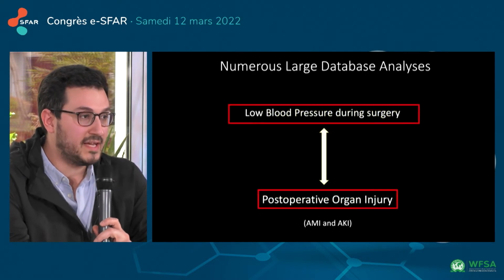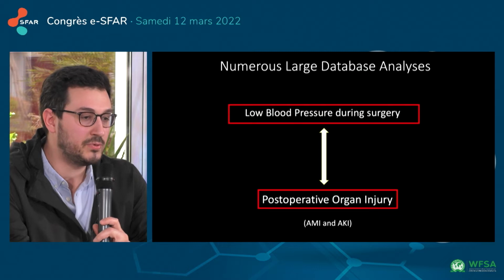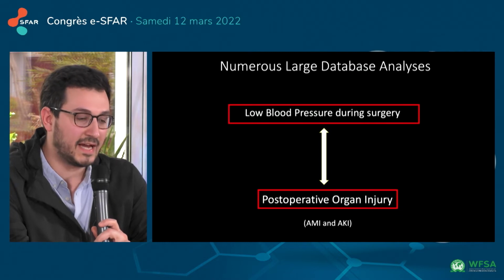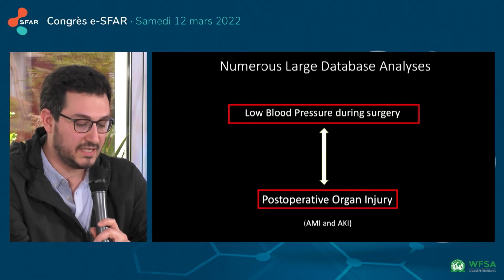We know that today we have a lot of large retrospective studies showing a strong association between a low blood pressure during surgery and the incidence of postoperative complications, mainly acute kidney injury and acute myocardial injury.